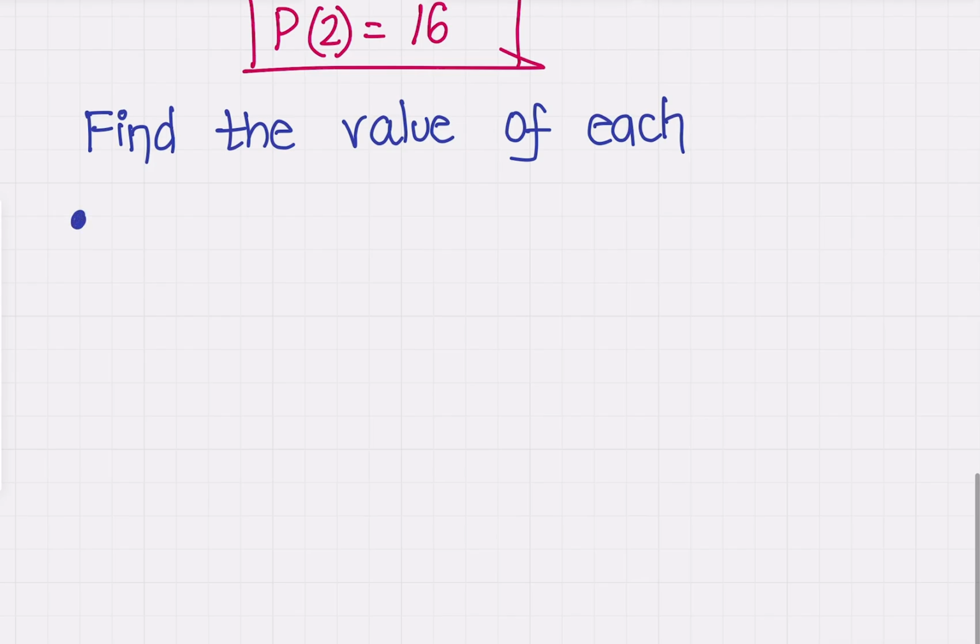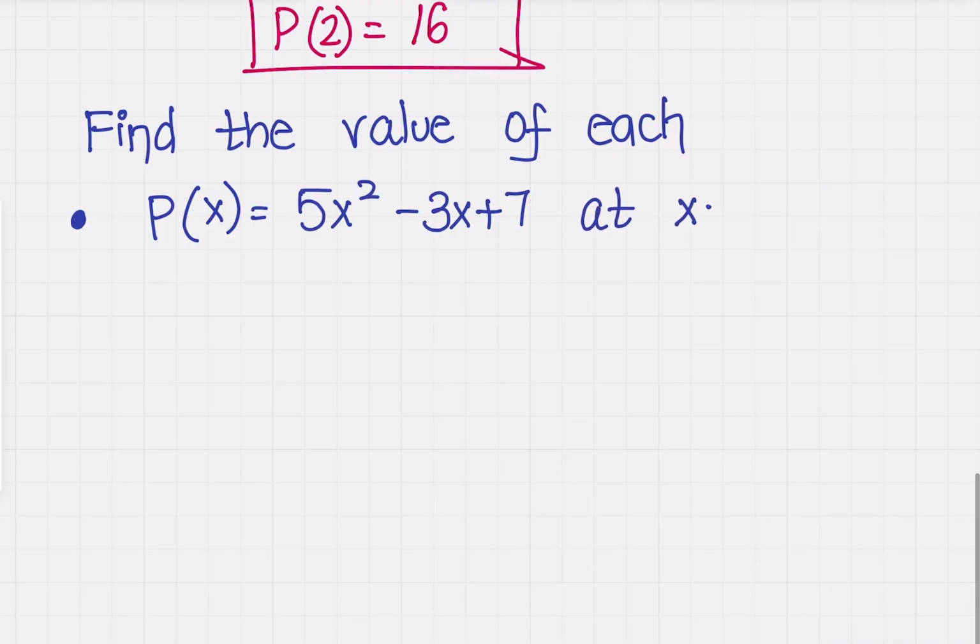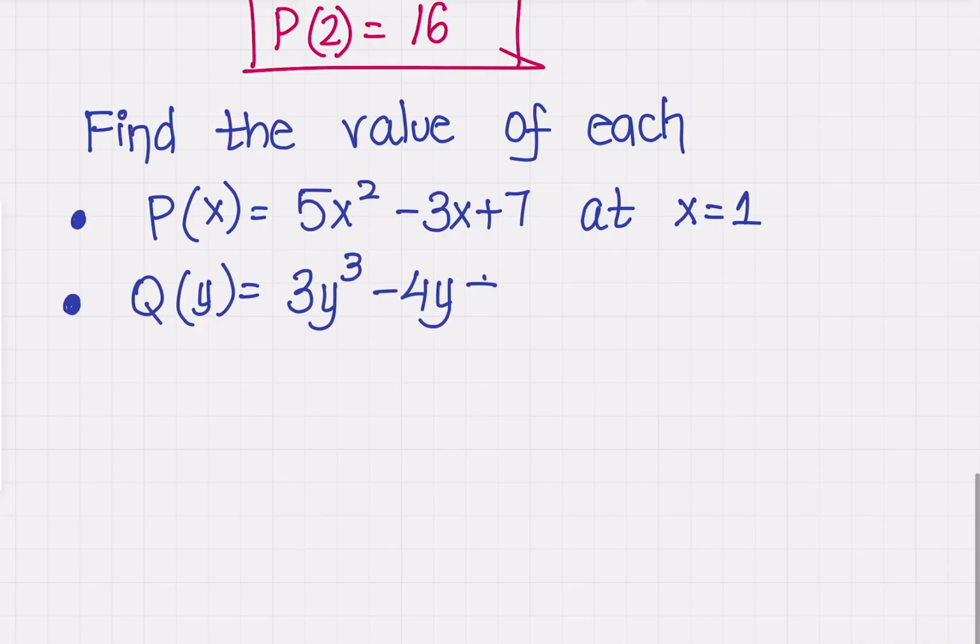The first one is p of x is 5x squared minus 3x plus 7 at x equals 1. Next one is q of y equals 3y cubed minus 4y plus square root of 11 at y equals 2.